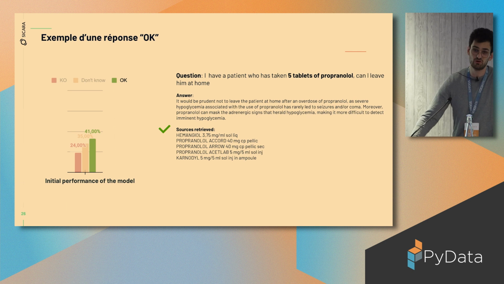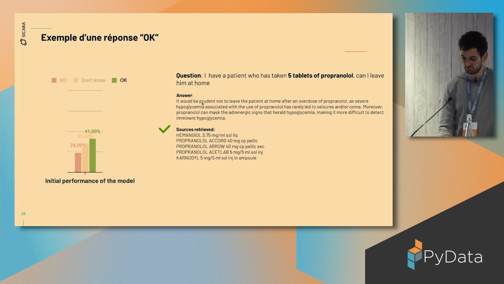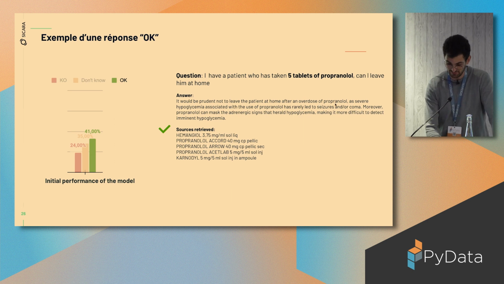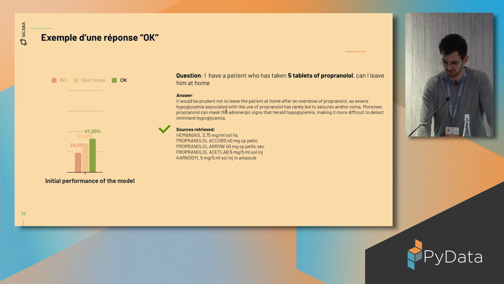And here's an answer which was correct. If a patient took too much of this drug called propranolol, then the model says it should be prudent not to leave the patient at home, because if you have an overdose, a lot of things can happen which are not things you want.